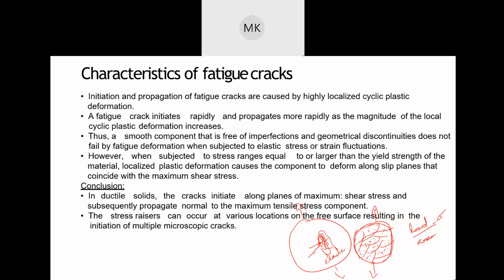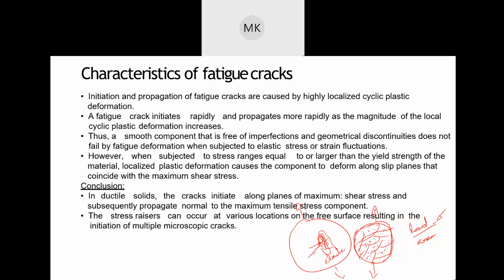But the only major disadvantage is that once a crack initiates, from that point to propagation to failure would be only a few thousand cycles, and the material will fail.